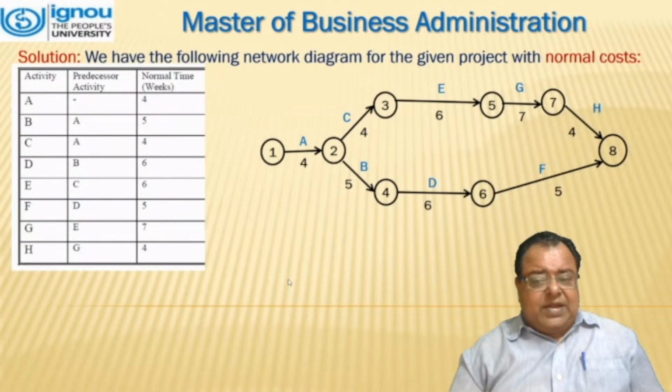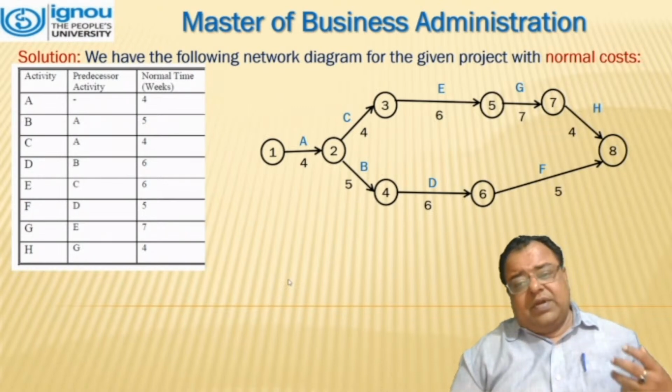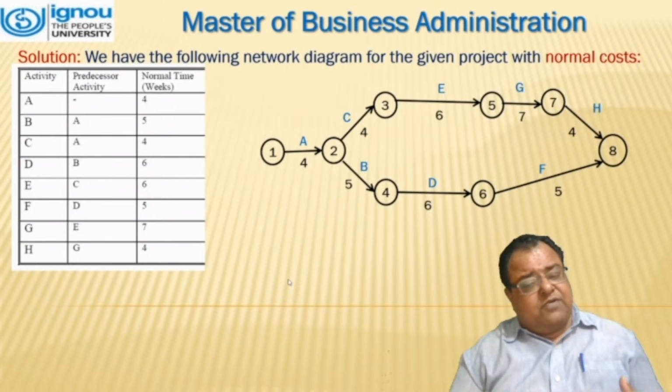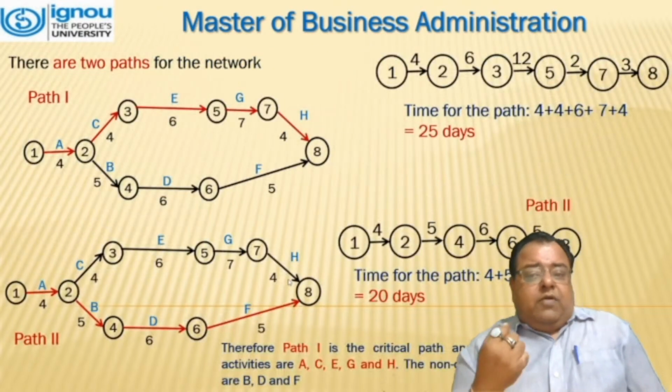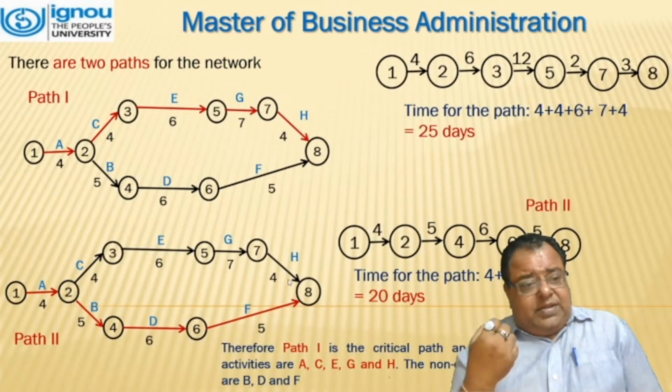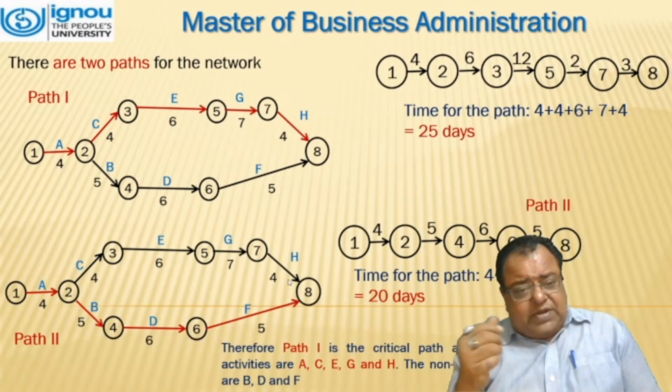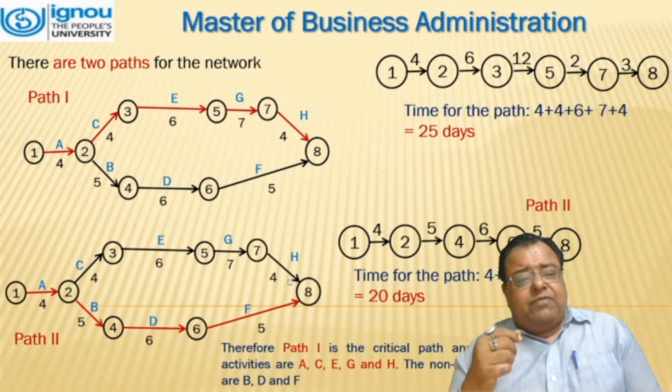Then we have to assign the normal time which is given in the problem. We have 8 activities over here and we have 2 paths. For the 2 paths, we have to calculate the time period. Picking up the first path at the top, 1, 2, 3, 5, 7, 8, the total time comes out to be 25 days.